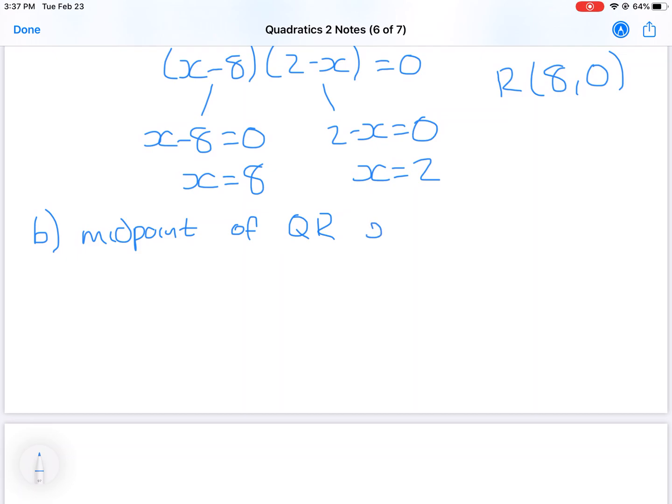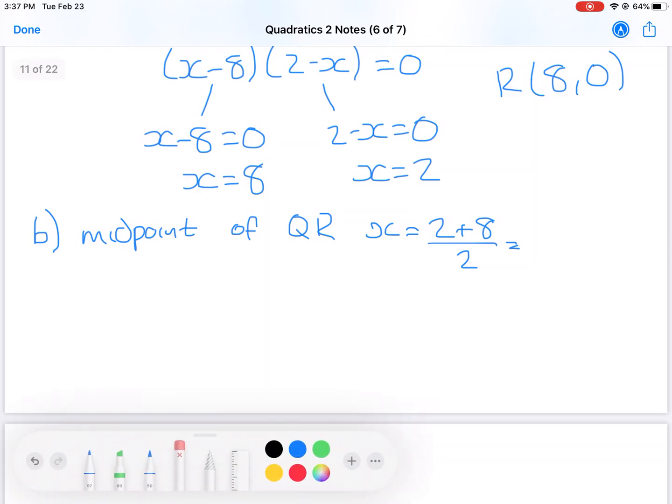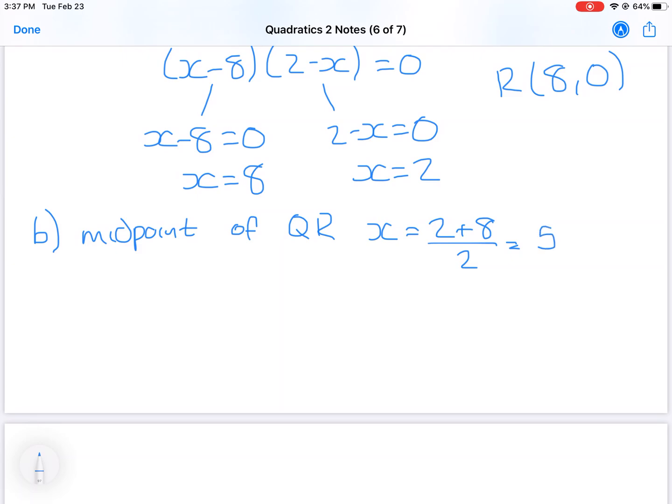We can find that by adding those two numbers together and then dividing by 2. That's probably the easiest way to do it if you can't spot what number it has to be straight off the bat. So take your two numbers and divide by 2. 2 plus 8 is 10, divided by 2 is 5. Therefore, x equals 5.